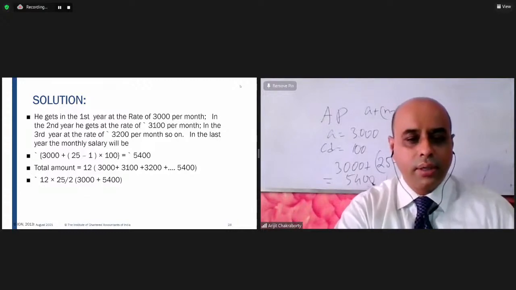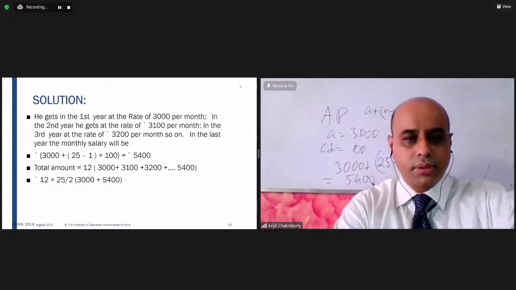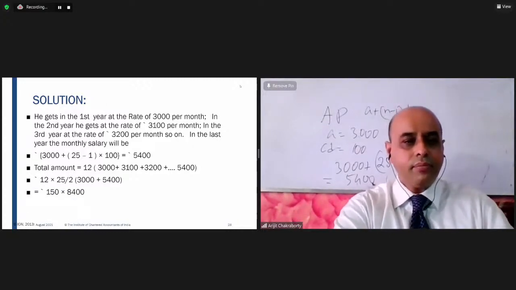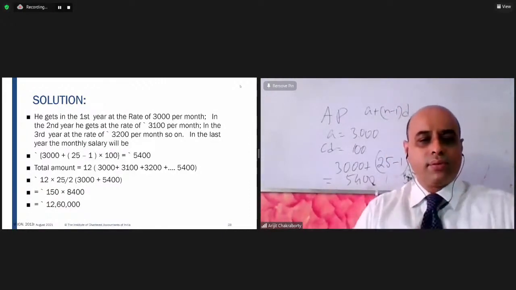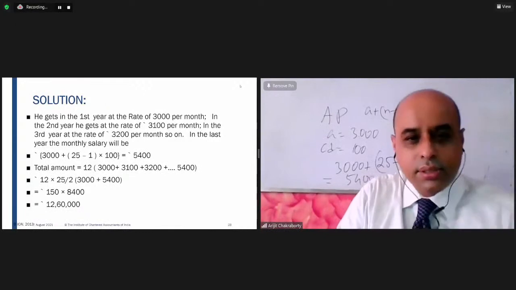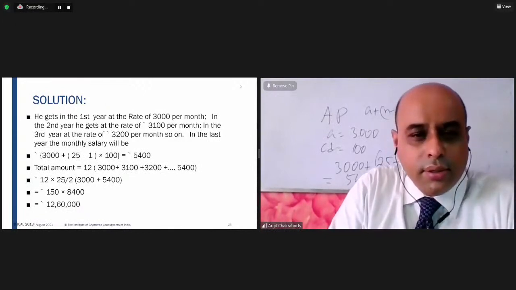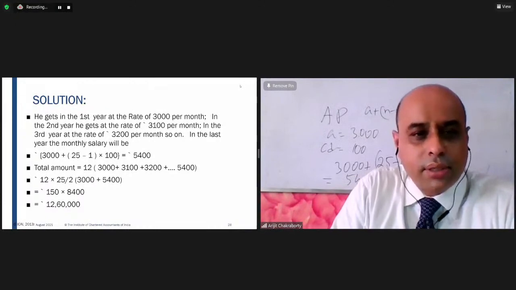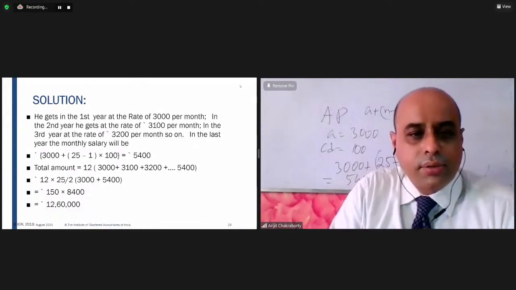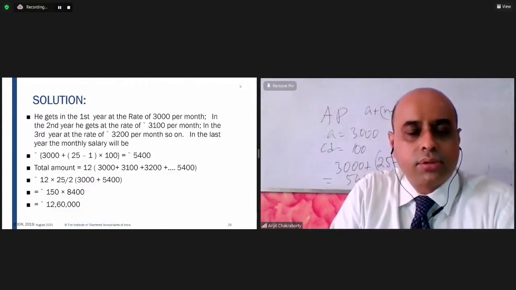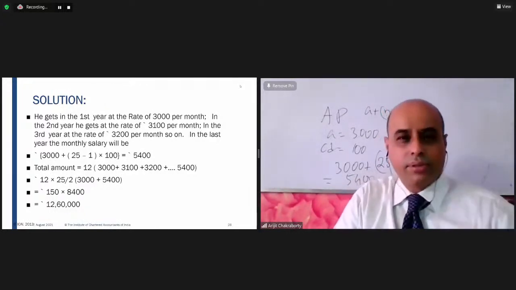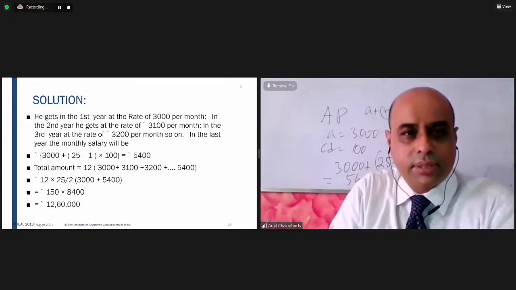If you simplify this expression, the final answer comes to 12,60,000. So just try to take common and you will be achieving 12,60,000. So this is the total amount. Just check the working out. This is the total amount of salary which the person will be earning in 25 years.